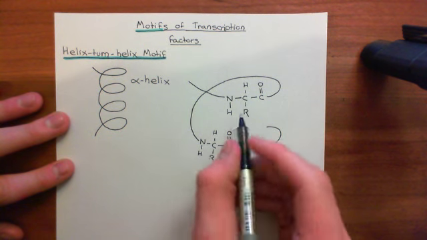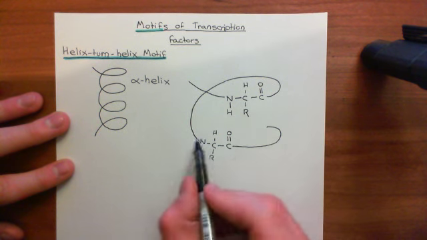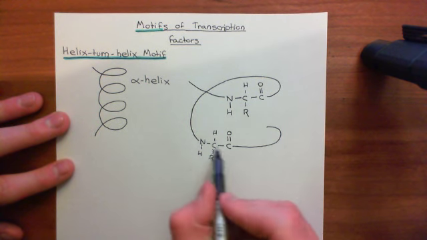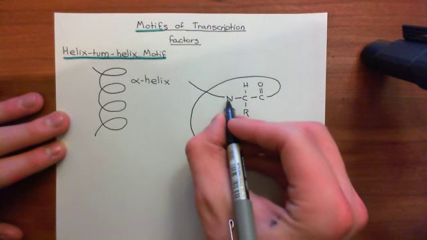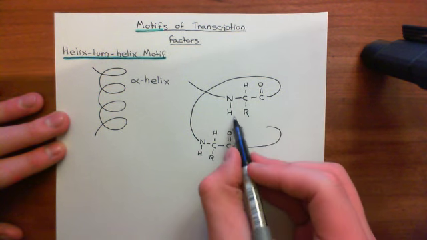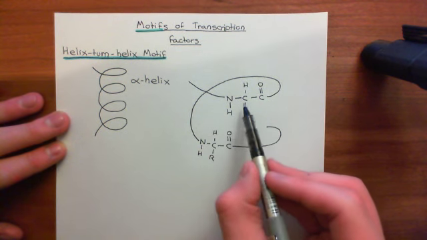Right, now how are we going to hold this portion of the polypeptide joined to this portion that's below it? Well, we're going to do it via hydrogen bonds, because we have the two ingredients to make a hydrogen bond here. We have a hydrogen attached to a nitrogen atom.